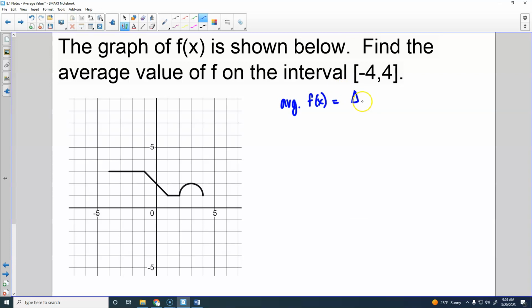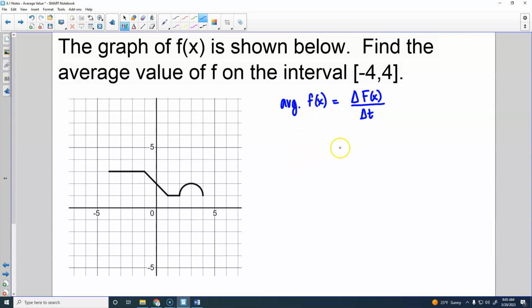our change in the integral of f, which would be our change in our capital F of x over our change in time. Now, to find how much that capital F of x has changed, we can integrate our f of x, right?